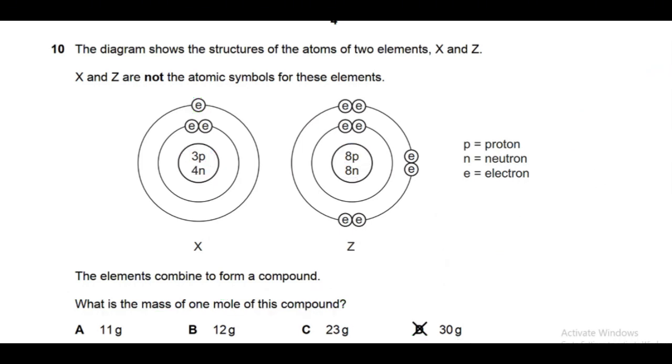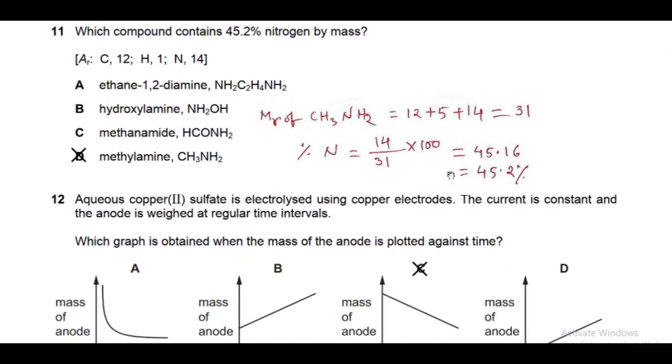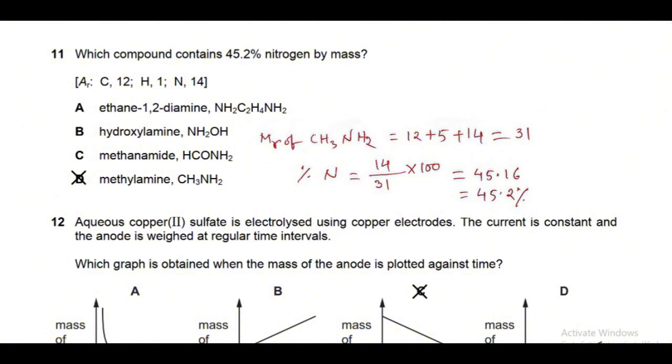Next, which compound contains 45.2% nitrogen by mass? If you calculate, you will get the answer, methylamine. Mr of methylamine: carbon 12, hydrogen 3 plus 2 is 5, nitrogen 14, so you get 31.